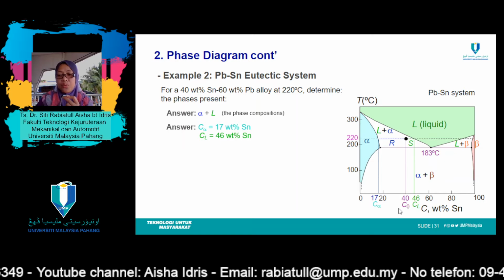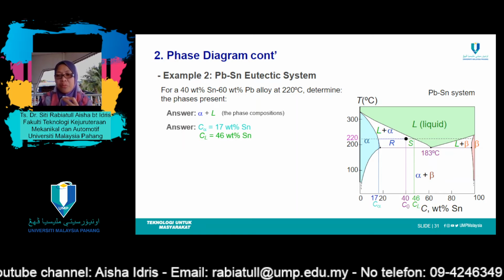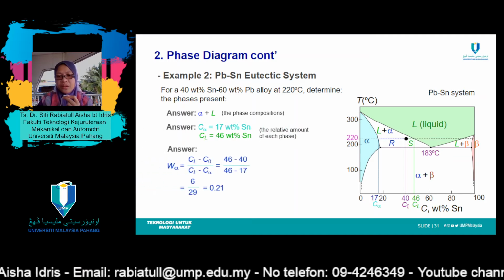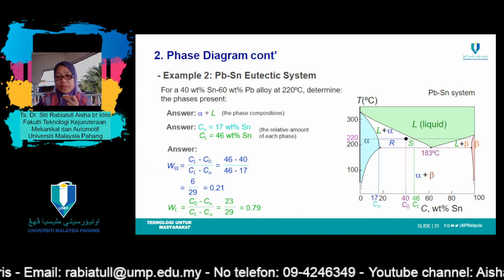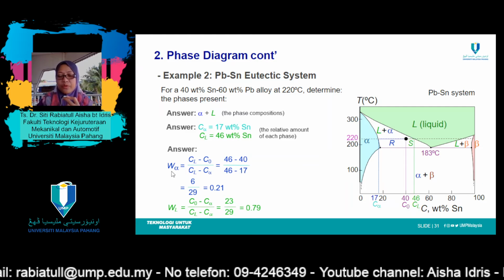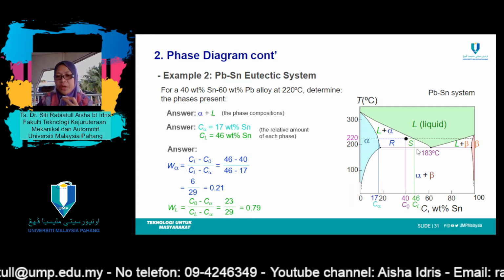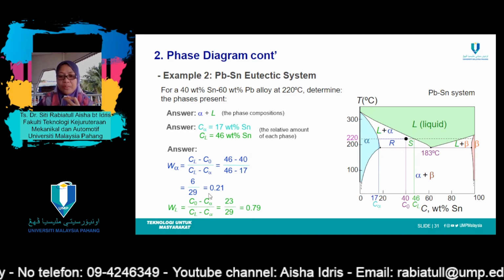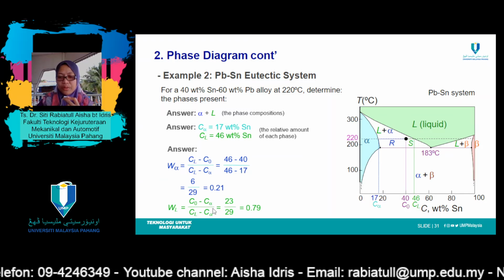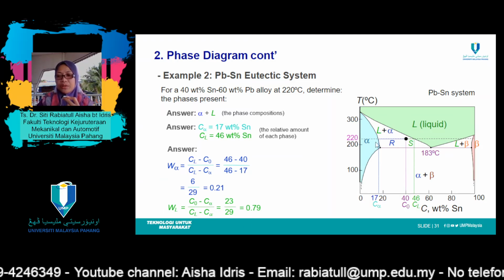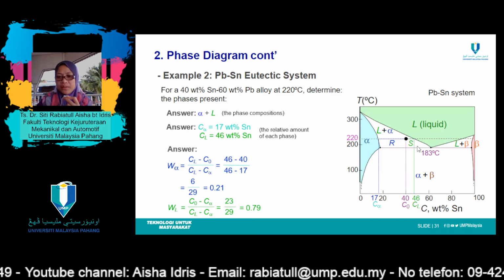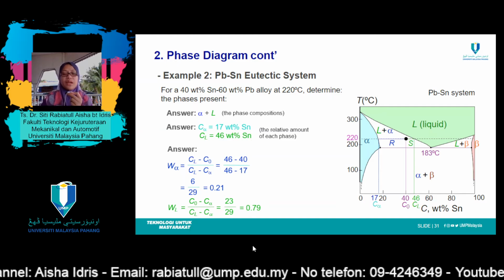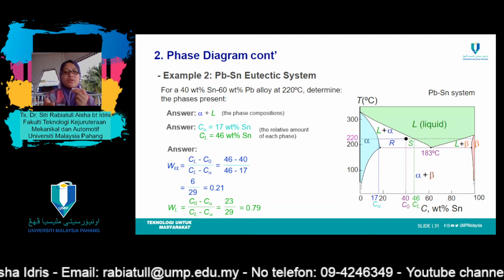And what are the weight fractions for liquid and alpha in it? Using the lever rule just now, the weight fraction for alpha equals S over R plus S. So you should be able to get 0.21. Meanwhile, for liquid, R divided by R plus S, and you should be able to get 0.79, or 79 percent of liquid there.